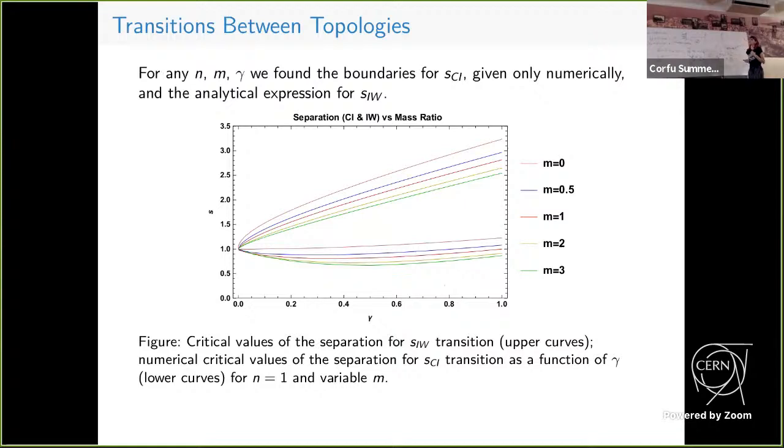Then this is a plot of the transition between the topologies. The upper curves are the transition from the intermediate to the wide topology, and these are found analytically, while the transition from close to intermediate separation, the curves below, are found only numerically.